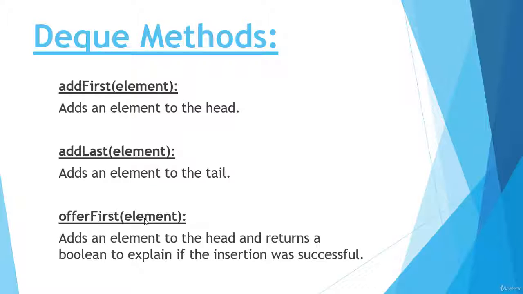You can use it any way. So this is a double-ended queue, and it uses both rules, FIFO and LIFO, first in first out and last in first out. Also, Deque is faster than the stack and the linked list because it has more functionalities.